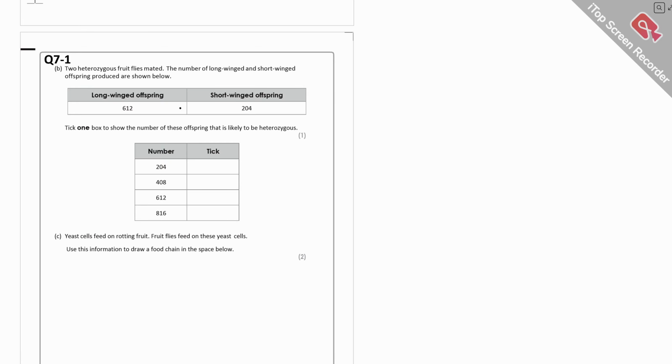So if you look, it's roughly 3 times, and that's 1 time. So the ratios. So tick 1 box to show the number of offspring that is likely to be heterozygote.